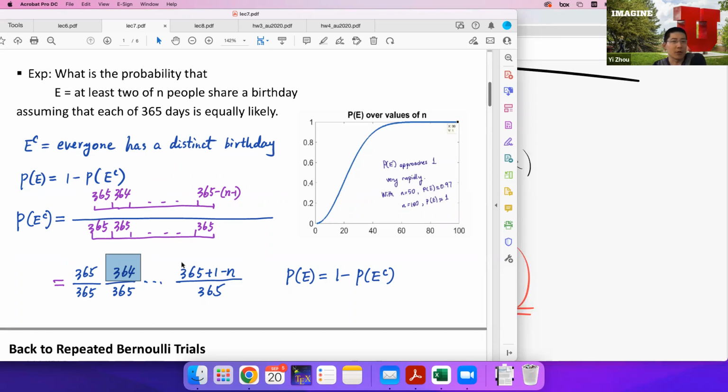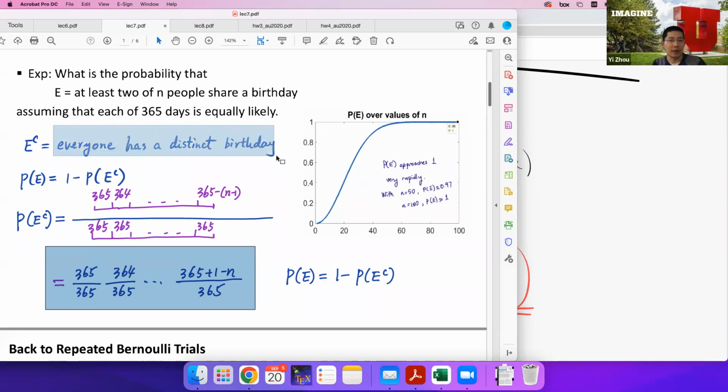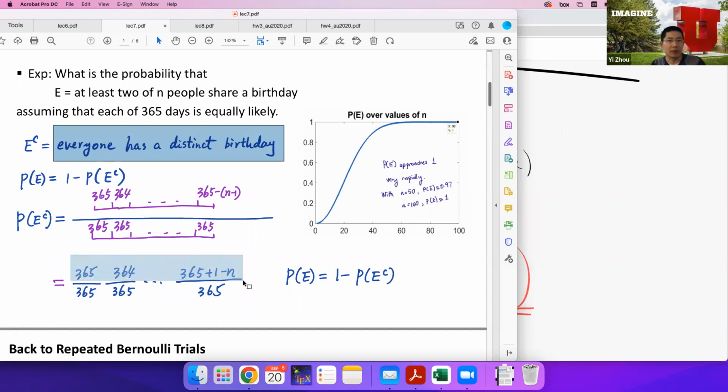And you keep going, when you get to the nth person, he or she will only have 365 plus 1 minus n different choices. And this is the probability of E complement. This is easy to calculate because here everybody is distinct, so it is relatively easy to calculate the number of assignments of birthdays to different people.